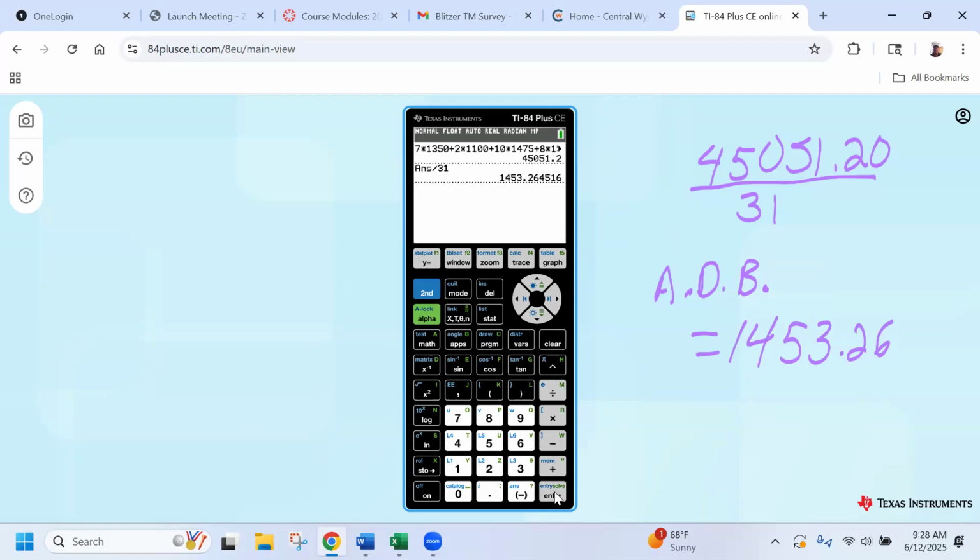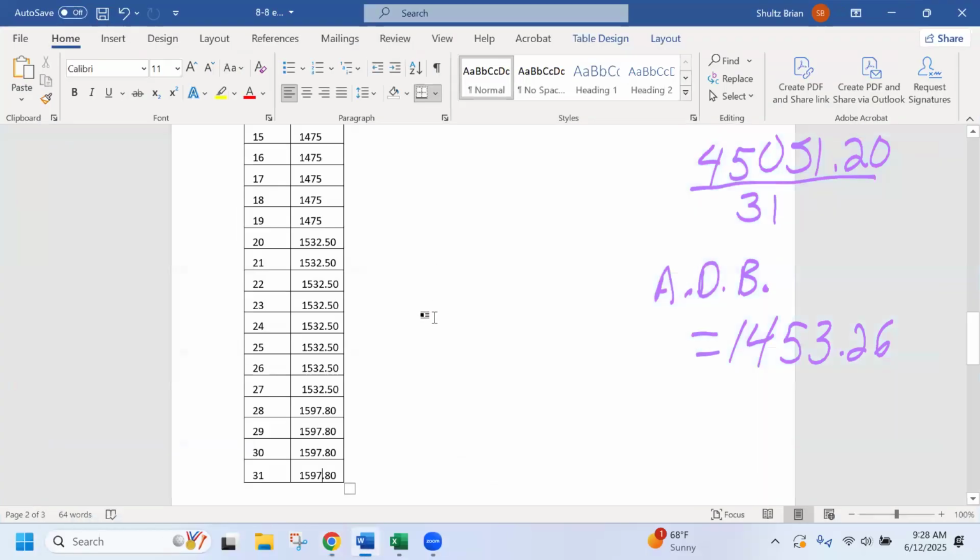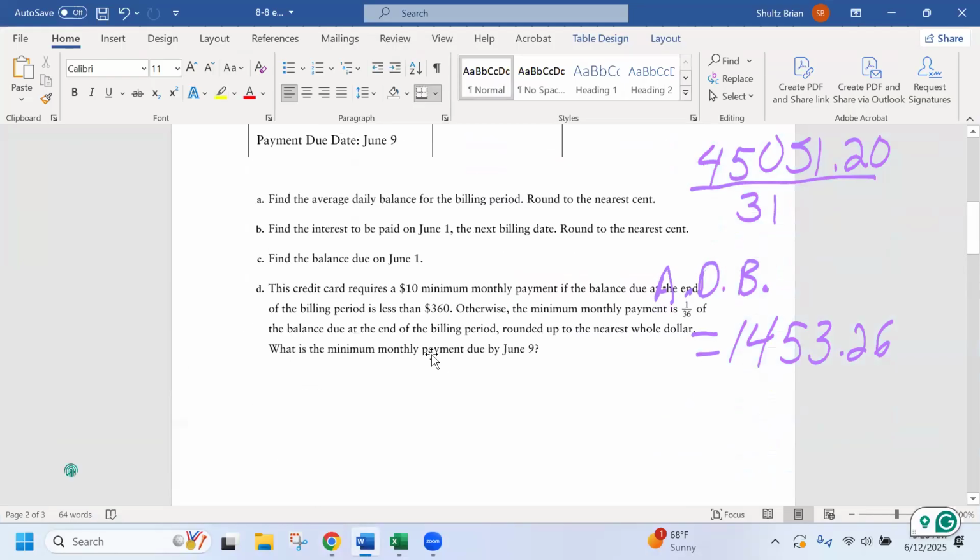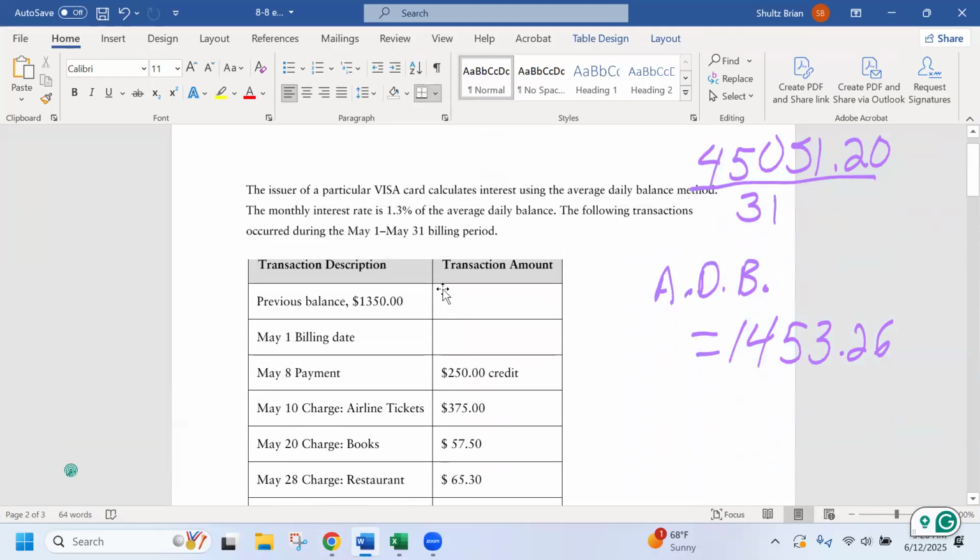That's how much the average daily balance was. And the reason why that's important, okay, I'm going to go back up here now to my notes. The monthly interest rate is 1.3% of the average daily balance.